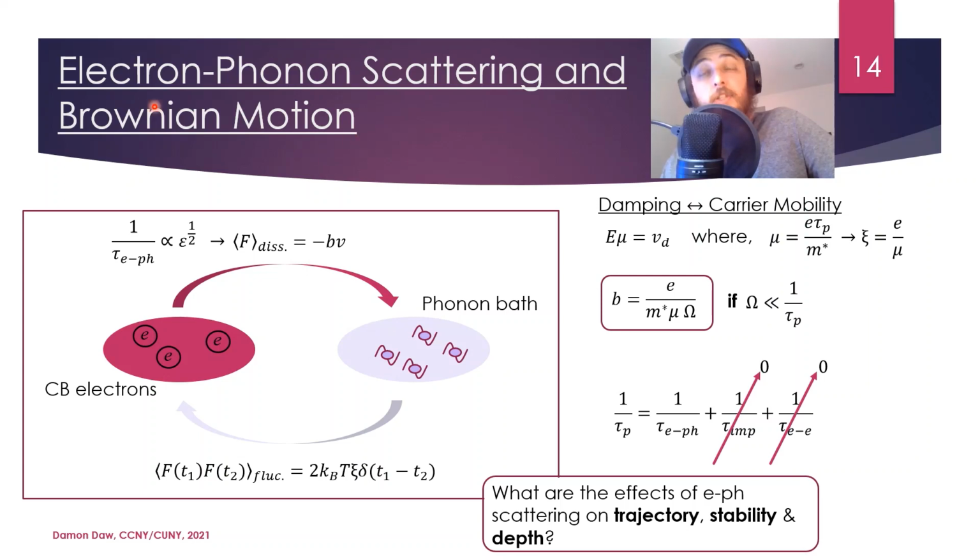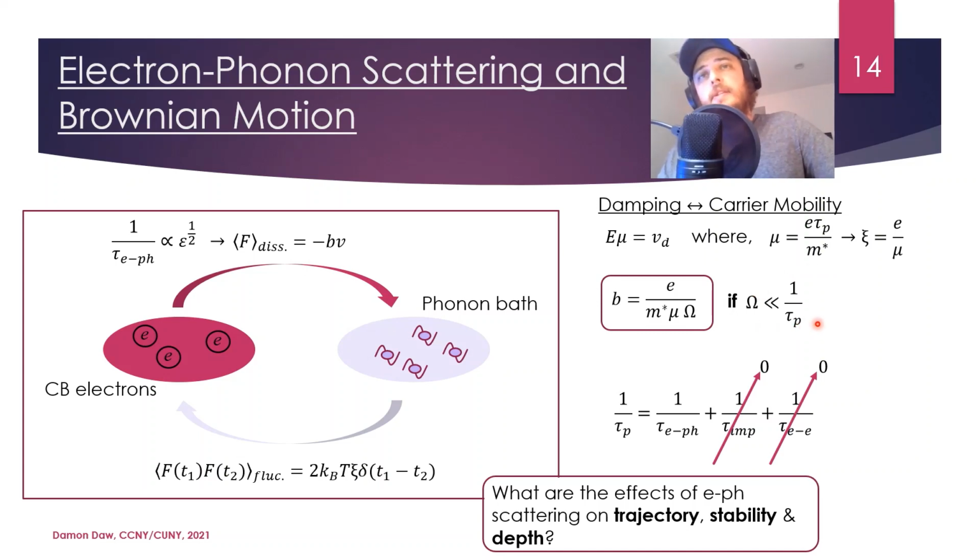There's a very convenient way to numerically quantify this damping that's described by this dissipative force term, and it's called the mobility. This mu is known as the carrier mobility, and you can rearrange some terms and find that you can quantify the damping in the system using the mobility in a pretty straightforward way.